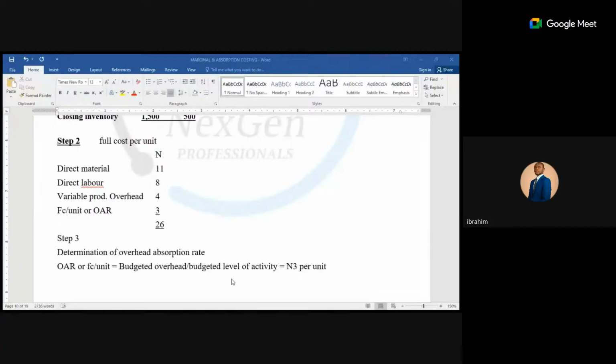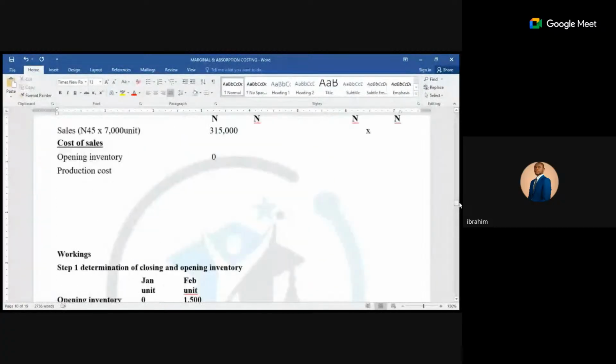Now, if we have this to be 26, the production cost means what are the total costs that you incurred in the production? Your variable cost plus your OAR, or fixed cost per unit, or predetermined rate, right? From the format.